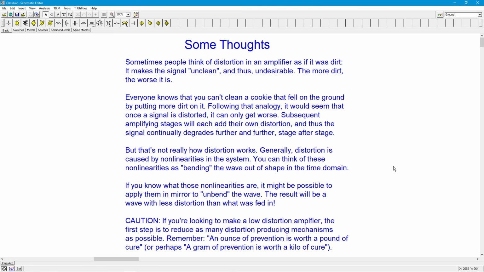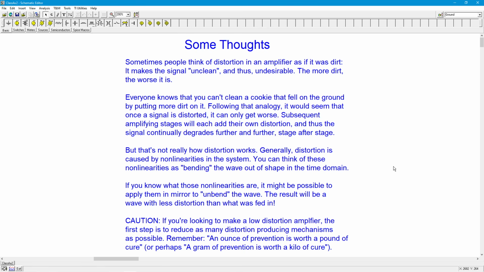So it's the same kind of thing that we see with a signal being distorted. It's distorted. You're not going to make it less distorted by adding more distortion. That's the sort of conceptual model that people have. In other words, you put the signal in, the first stage degrades it, it distorts it.